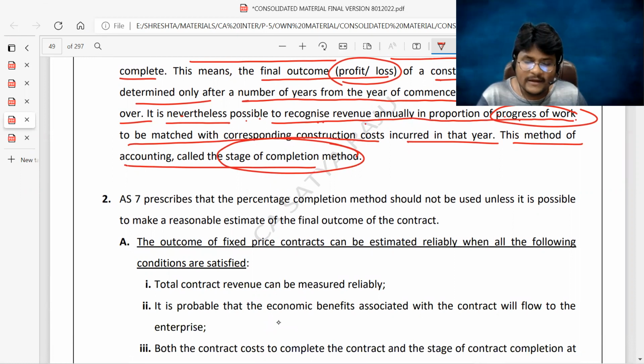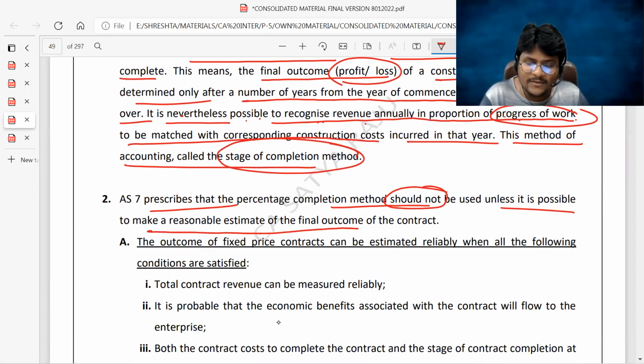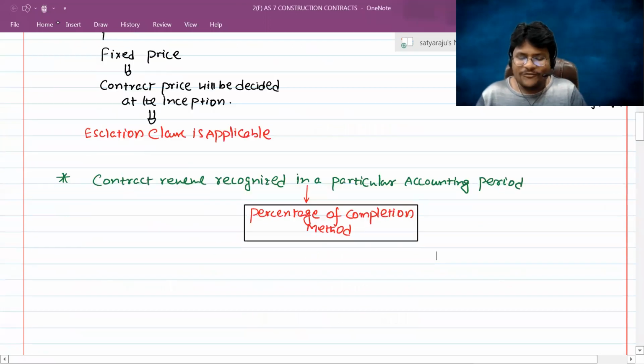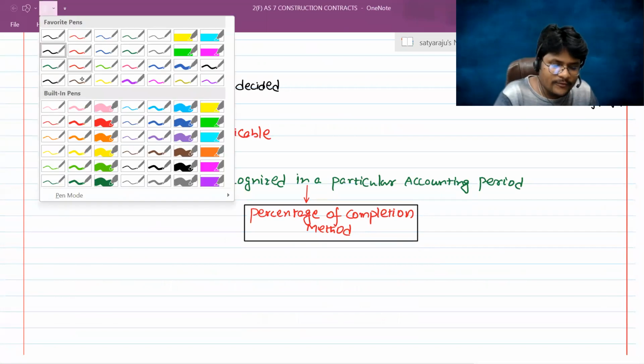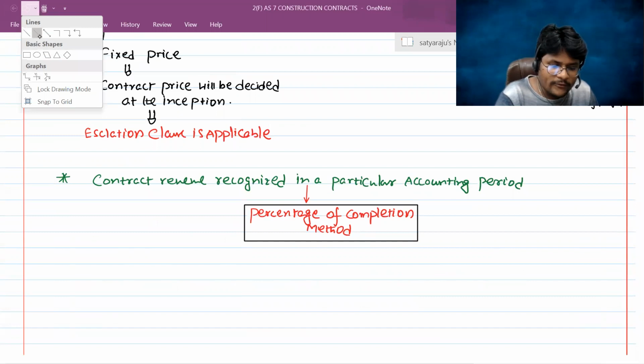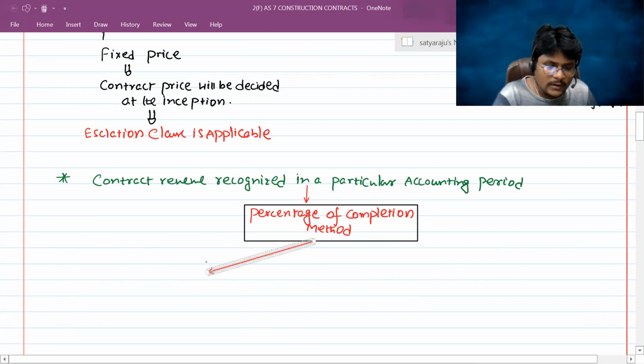Next, I'm going to discuss AS7 prescribes that percentage of completion method should not be used unless it is possible to make a reasonable estimate of the final outcome of the contract. So now I told you, sir, when you can apply the percentage of completion method, and when you cannot apply it. Now consider all of you.